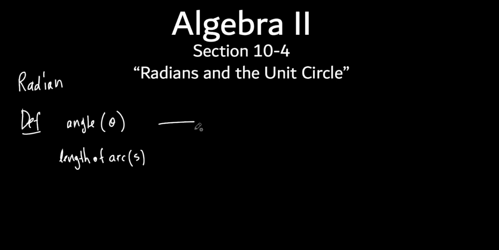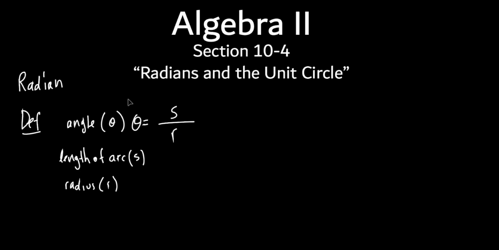So what is the radian measure? It's the ratio of its intercepted arc, its arc's length, to the radius of the circle. What letter do we use for radius? R. So what is the angle? Theta. It's equal to the ratio of the length of the arc, which is S, over the radius.